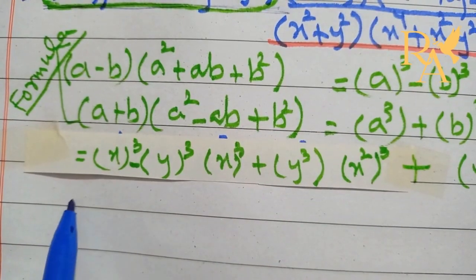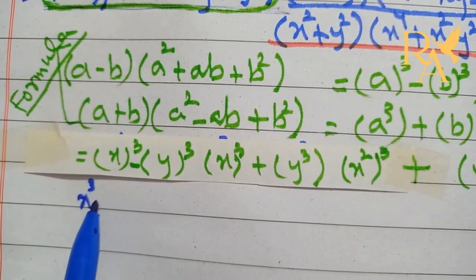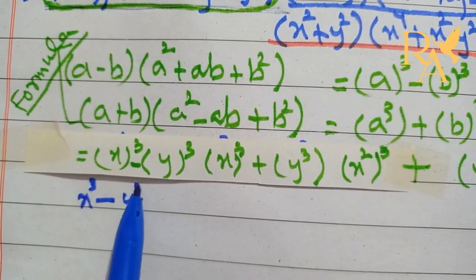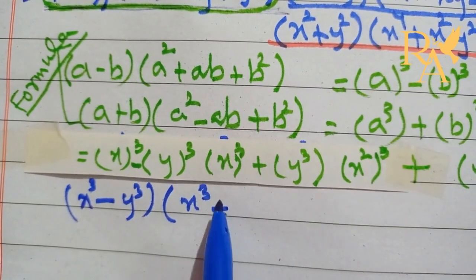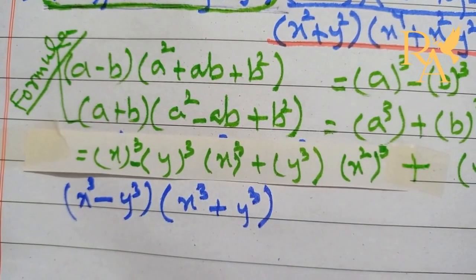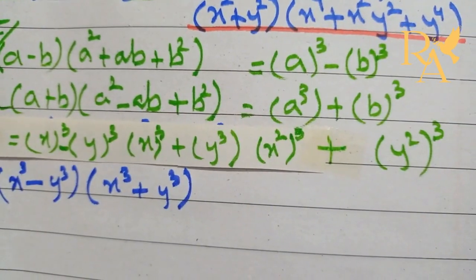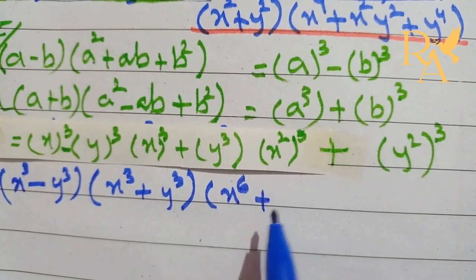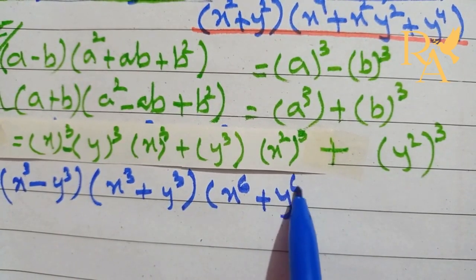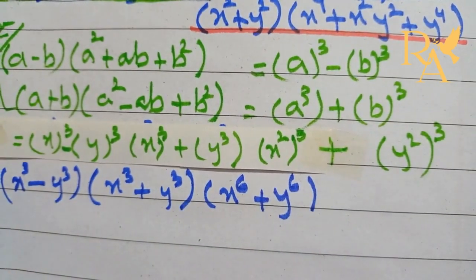Now we can write x cube minus y cube bracket close, x cube plus y cube bracket close, and x power 3 to the 6 plus y power 3 to the 6 bracket close.